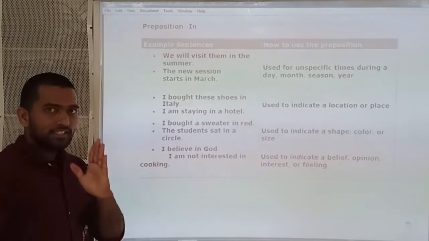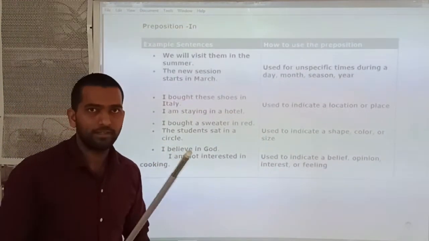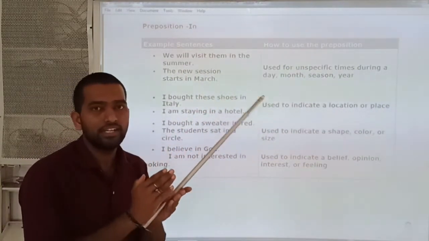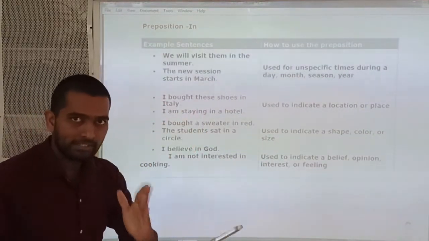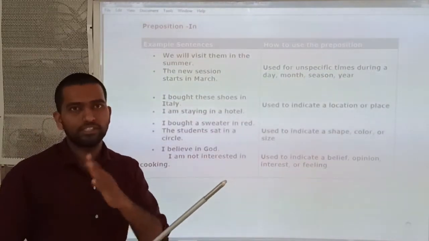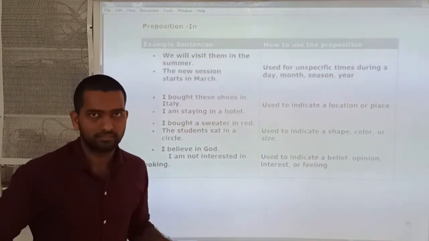Part of a day means morning, evening, afternoon. But remember, if it is night, we use the preposition at before night. Okay, that is important. For morning, afternoon and evening, we use the preposition in before these three times. But before night, we must use at.